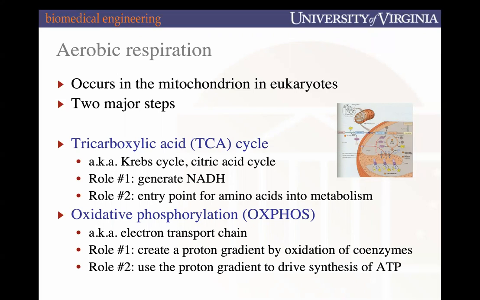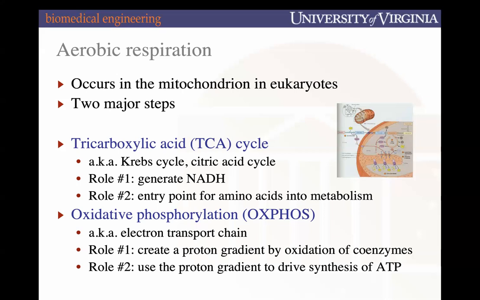The first one goes by a few different names: the tricarboxylic acid cycle, the TCA cycle, also known as the Krebs cycle, named after its founder, or the citric acid cycle. The name tricarboxylic acid refers to a few carboxylic acids that are going to be released during this cycle, and I'll be pointing them out as that occurs.